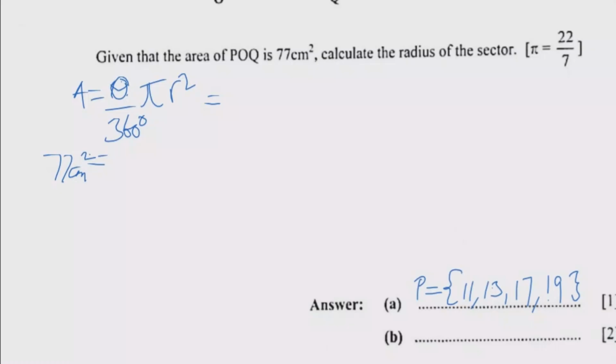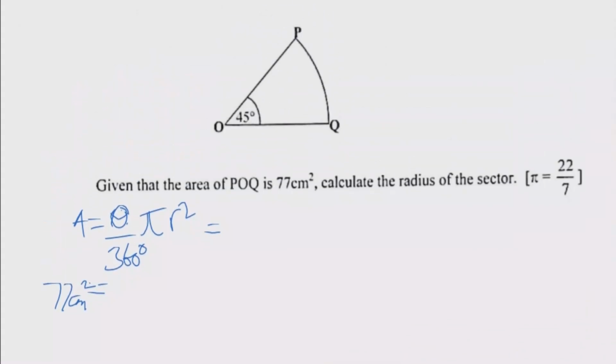Then theta, we are told that is 45 degrees, over 360 degrees. Remember, this is degrees. Then pi, we are told we use 22 over 7. So we say 22 over 7, then times radius squared, which we don't know.